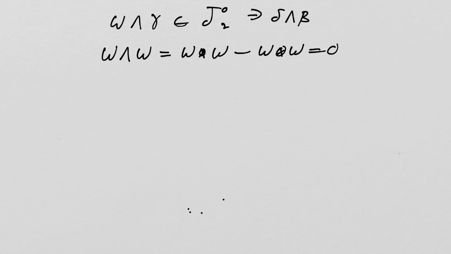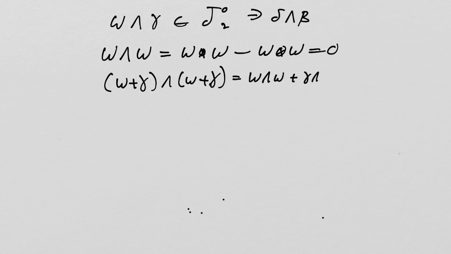And this is a good way to see the antisymmetry of these things, because I could write omega plus gamma wedge omega plus gamma, and I could immediately see that that's going to be omega wedge omega plus gamma wedge omega plus omega wedge gamma plus gamma wedge gamma.